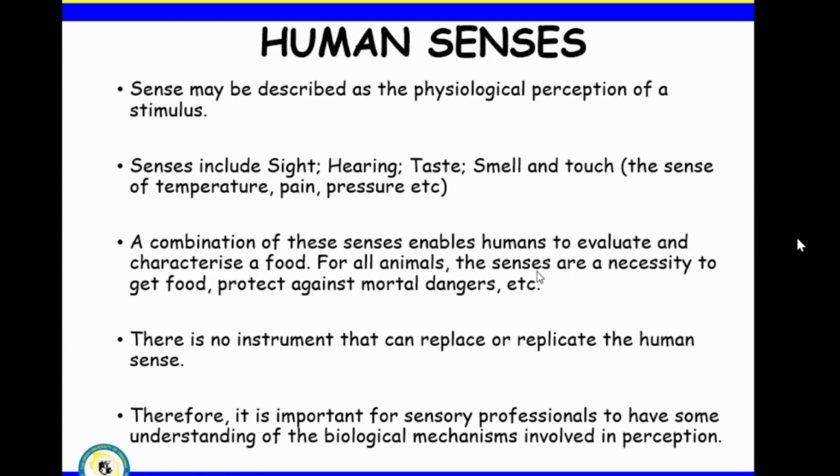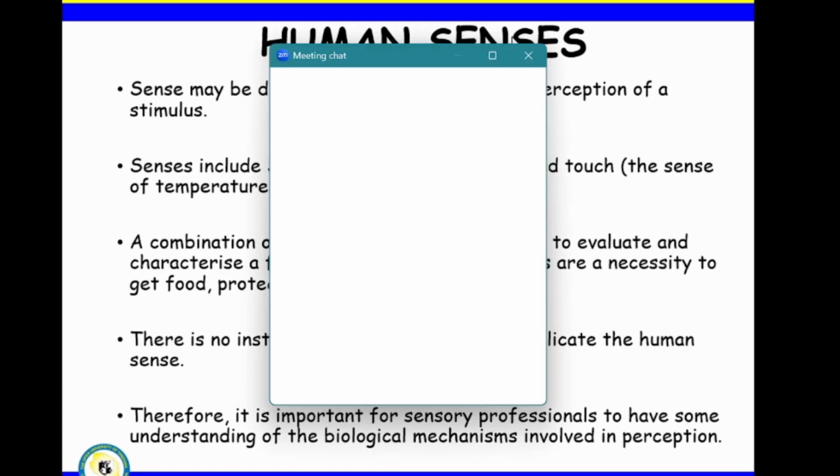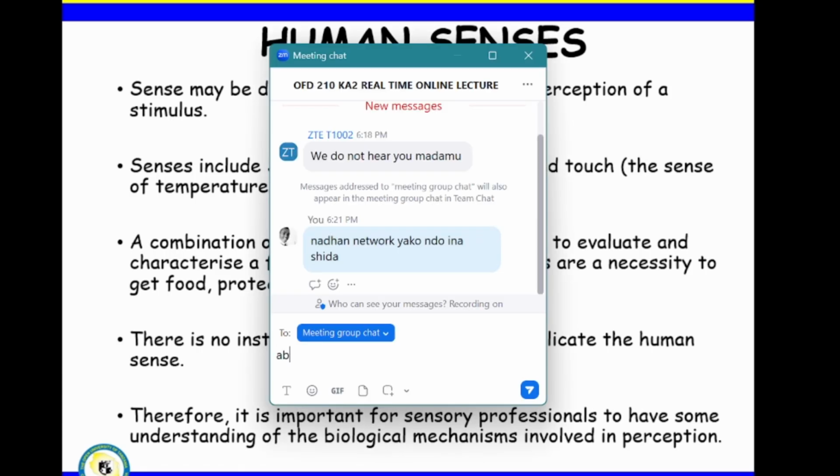Sorry, I'm going through the chat. I think you can see that I'm reading the chat here. Can you guys hear me now? Can you hear me? Yes, we can, madam.